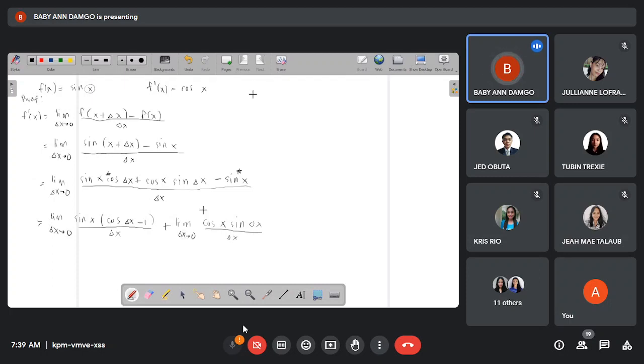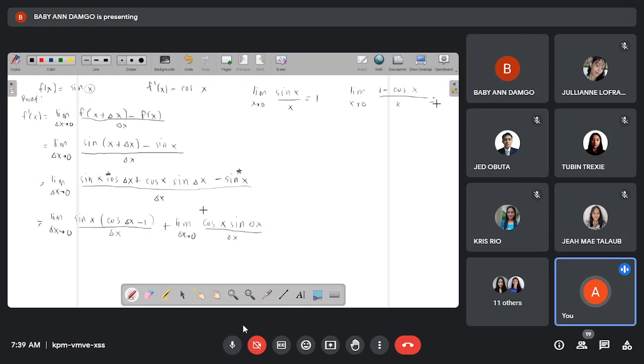Okay? So, recap, ang limit sa sine x over x as x approaches 0 is 1. Ang limit sa 1 minus cosine x over x as x approaches 0 is equal to, sama siya equal class, 0. Okay, 0.